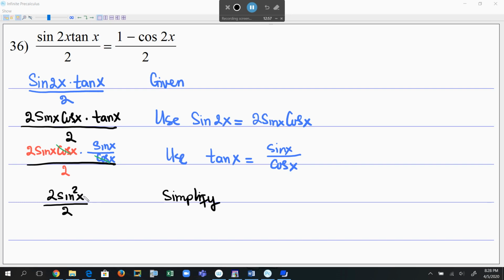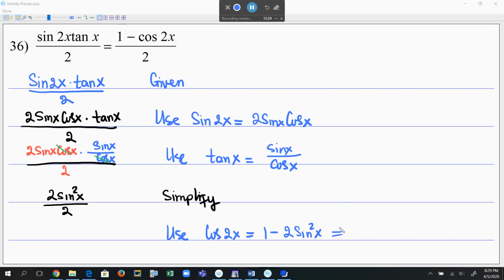Now the next step, we are going to use the double angle for cosine. So right here, I'll make a note. I'm going to use the double angle: cosine of 2x equals 1 minus 2 sine square of x. Why? Because you can see right here that it leads up to 1 minus 2 sine square of x here.